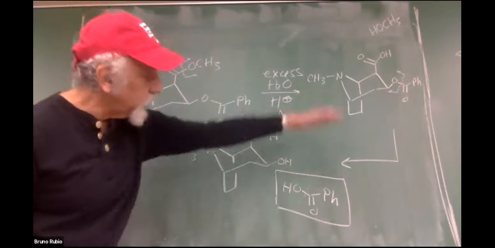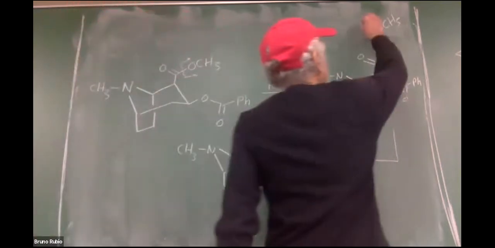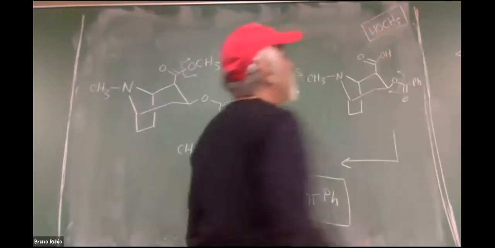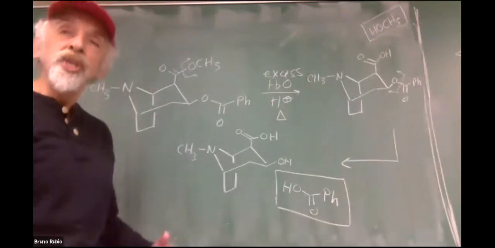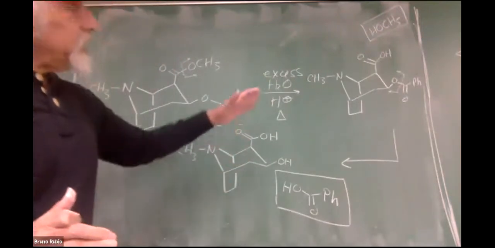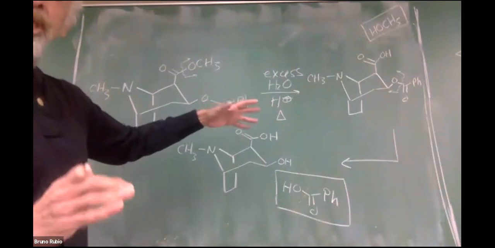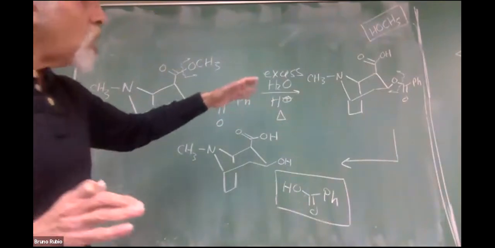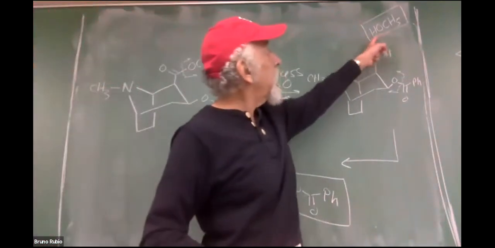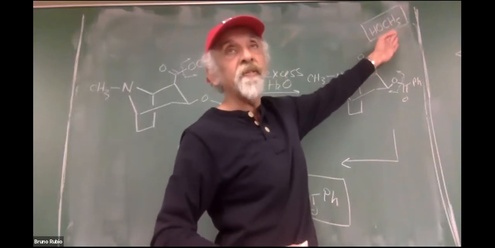Another product of this decomposition of cocaine is this guy, methyl alcohol, and that's a nucleophile, right? You know how water is H-O-H. Well, instead of HOH, this is H-O-C-H-3. That's a nucleophile.